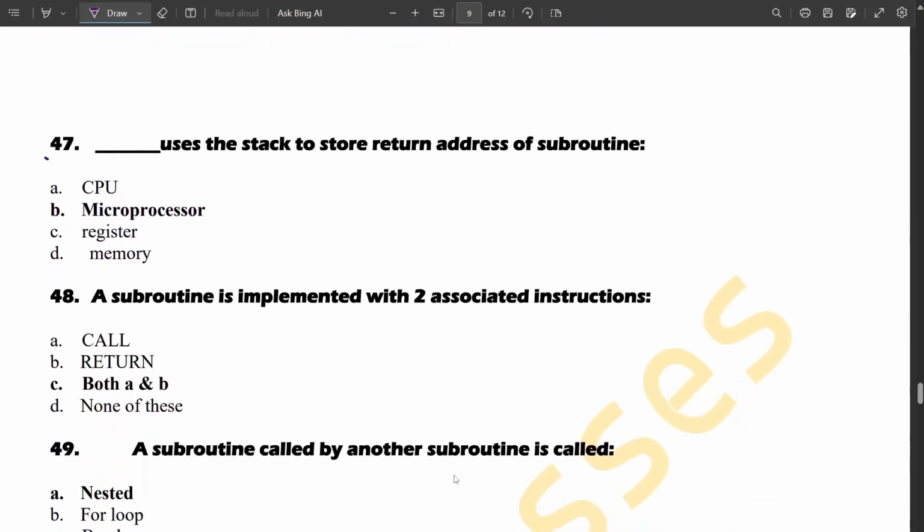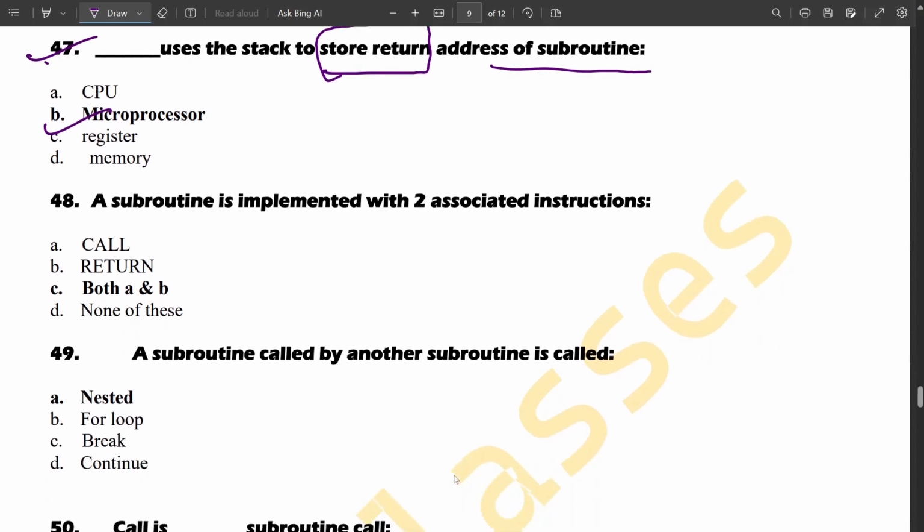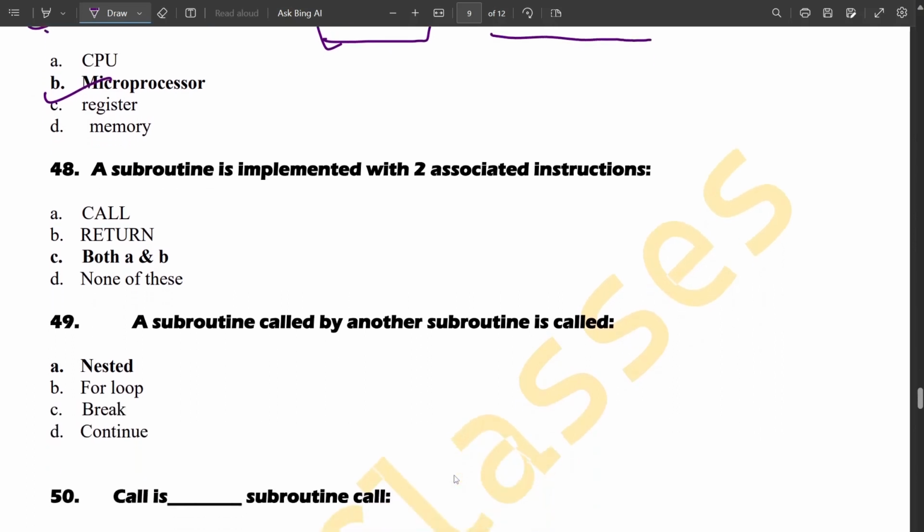Next, which uses the stack to store the return address of a subroutine? So the microprocessor uses the stack to store the return address of a subroutine. Option number B is correct. A subroutine is implemented with two associated instructions: first is call and second is return.